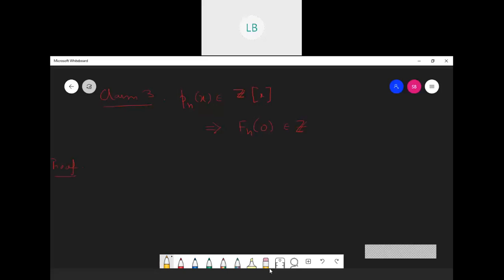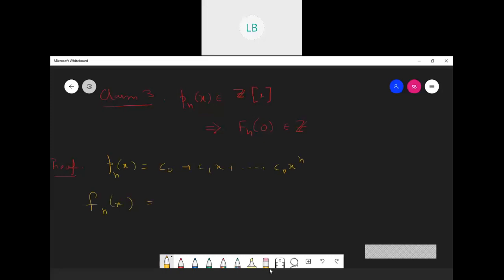Fine. So let P(x) be c0 plus c1 x till cn x power n. Then what is F_n(x)? So this is P_n(x), right? So what is f_n(x)?